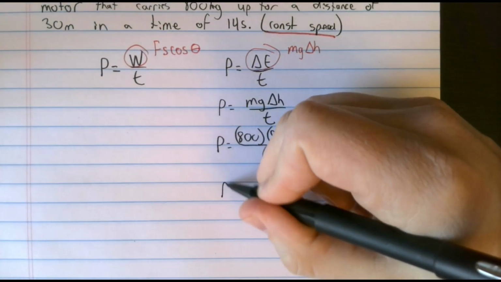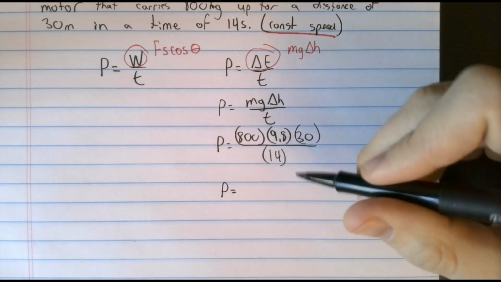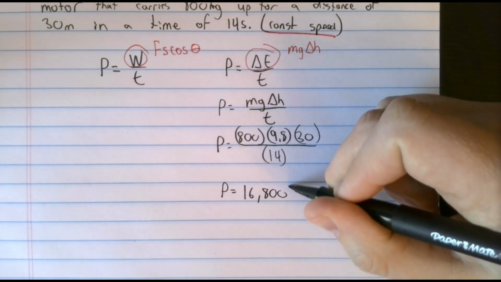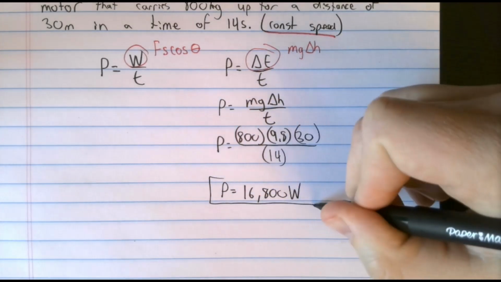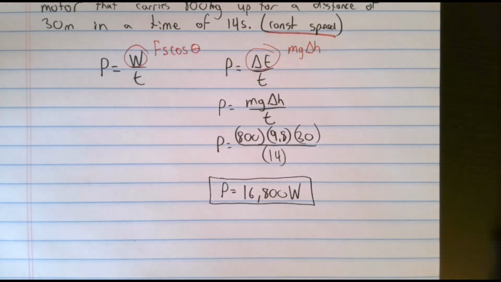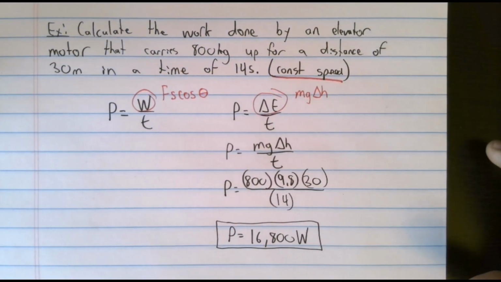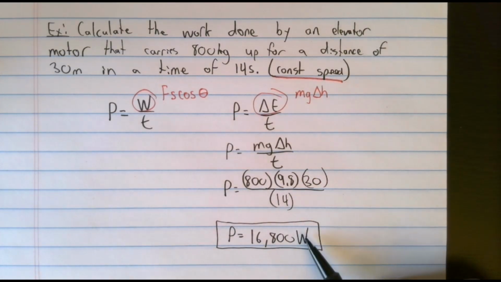And so the final answer for this elevator shaft is 16800 watts. They did not tell us to calculate the power in horsepower, so we assume that they want the standard units. Watts are the standard units, horsepower is something special.